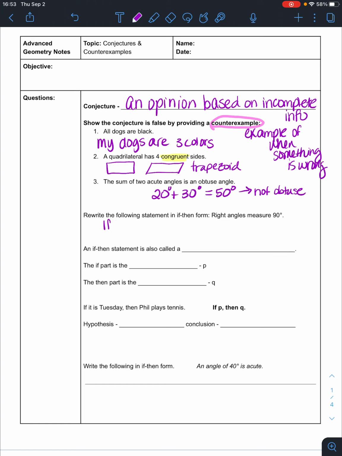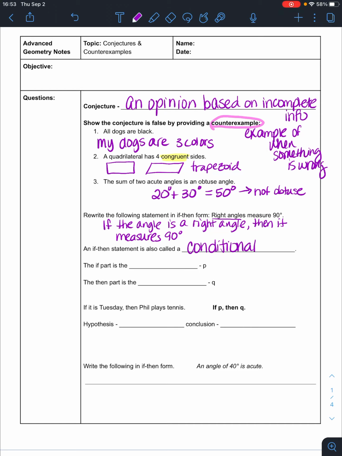If the angle is a right angle. That part was stated first. It's right angles. So you want to say that first. That's your if part. If the angle is a right angle, then it measures 90 degrees. So we can convert a conjecture into what's called a conditional.